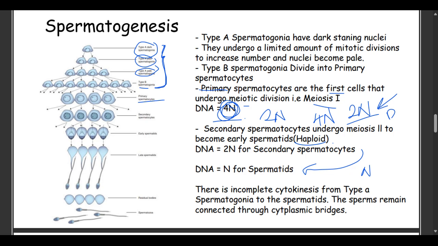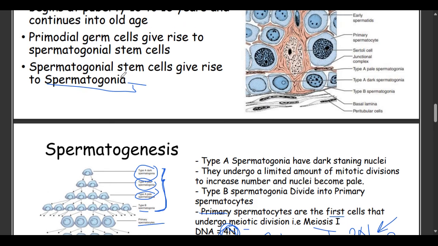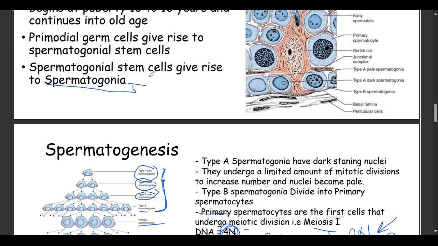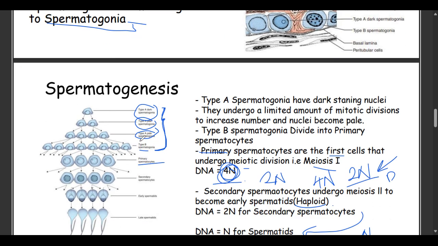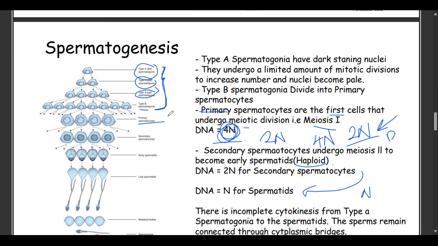Okay, so at this point, you are starting with spermatogonial stem cells that give rise to spermatogonia. Then for spermatogonia, we have different types, type A and type B. These ones are all undergoing mitotic division, just increasing in number, and then the actual meiosis starts.